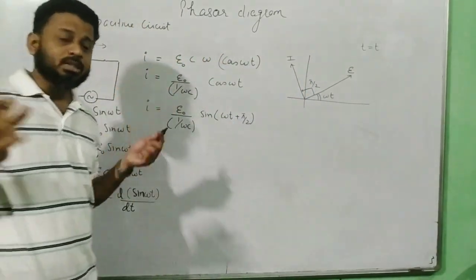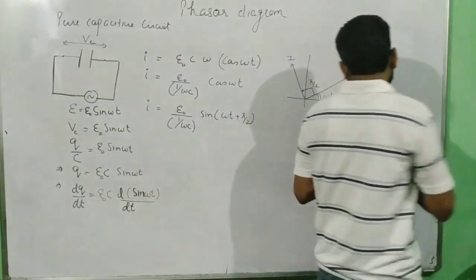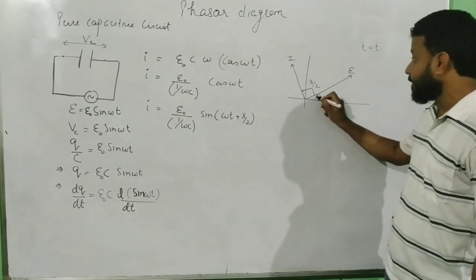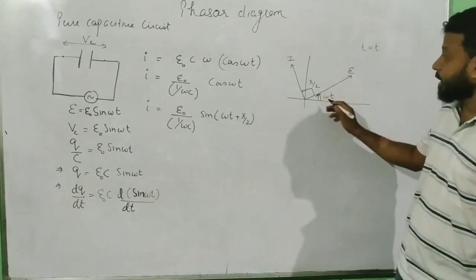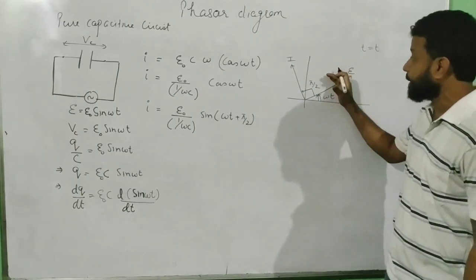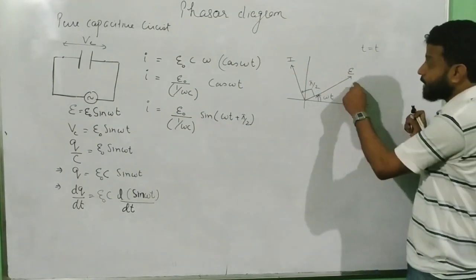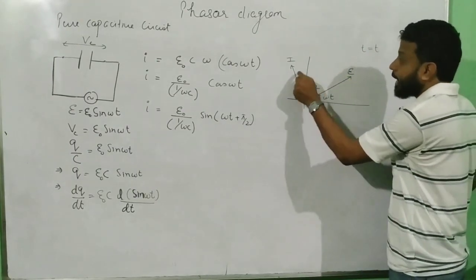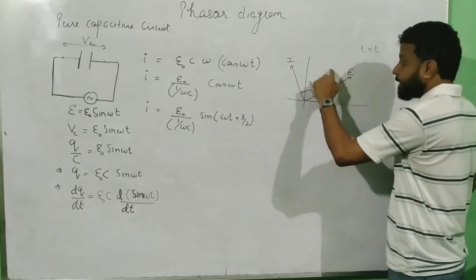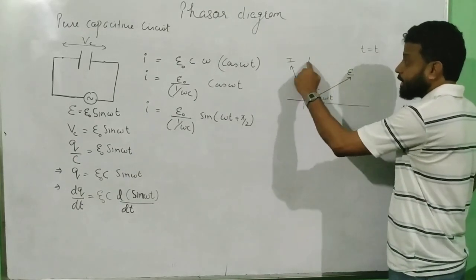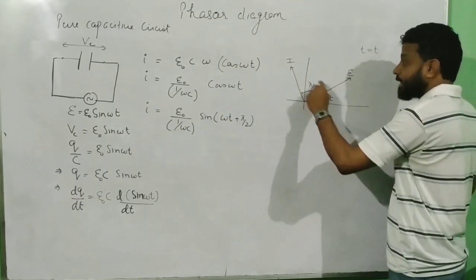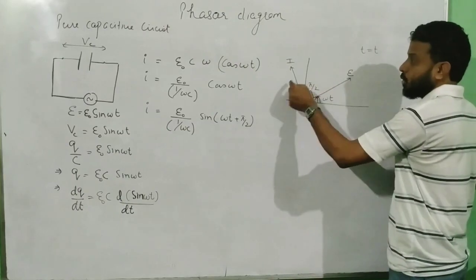How to solve phasor diagrams will come in the next lecture, but right now you understand this phasor diagram. When EMF has a phase of omega t, the current has a total phase of omega t plus pi by 2. That means it is ahead of the EMF by an amount of pi by 2. From here till here, this whole thing for current is omega t plus pi by 2, but from here to here, it is the additional pi by 2 which you have to draw.